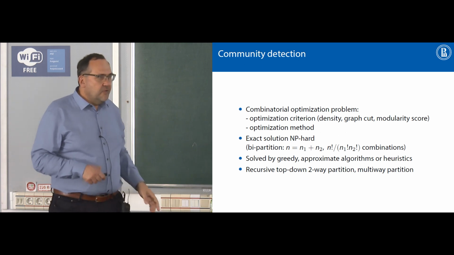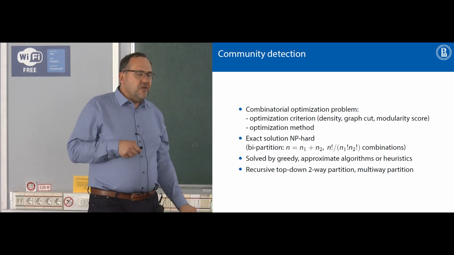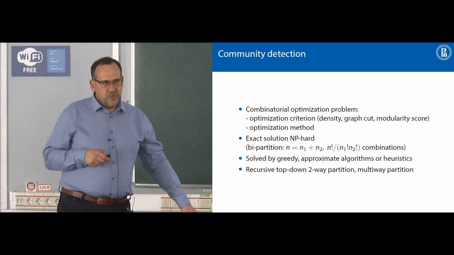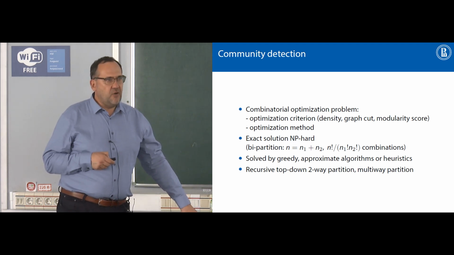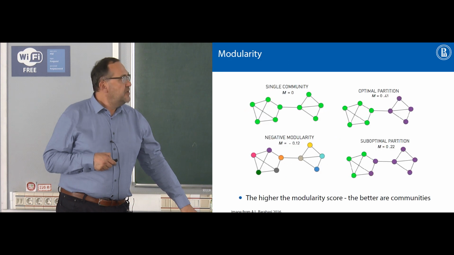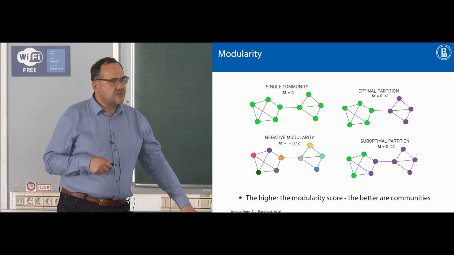And in fact, you can think about exactly solving this, which means let's go and try all the possible partitions, right? Let's say this is community 1, and the rest is another. This is a community of one node, and the rest is a second community.